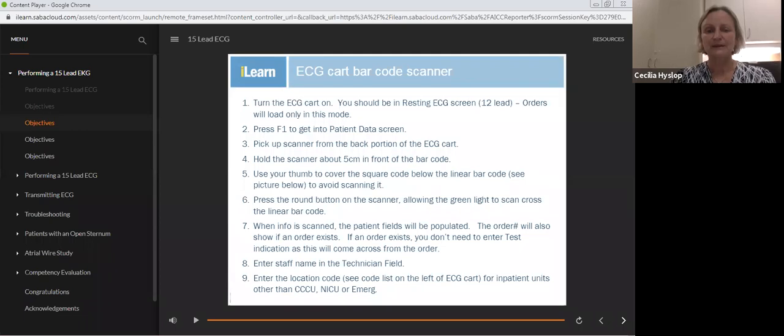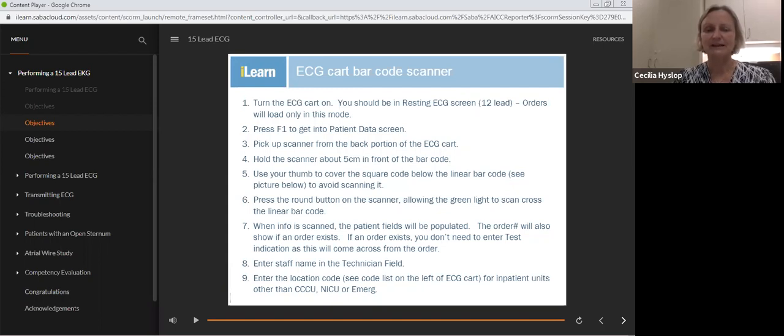So we need to make sure that the information is correct, and we have something on our Epic system and our name bands: there's a QR code, a square code, and I'm going to show you a picture of that, and there's a barcode. So we want people to scan the barcode so all the information gets uploaded into the Epic system.